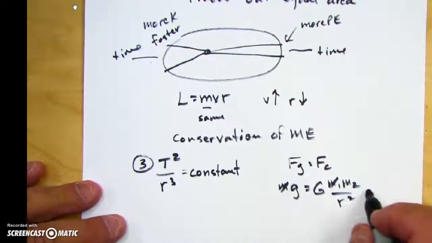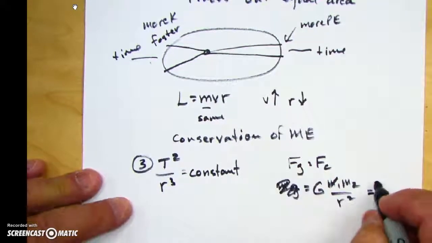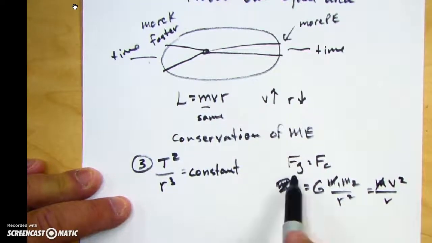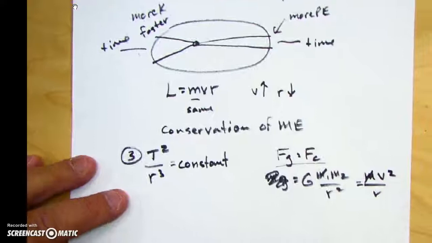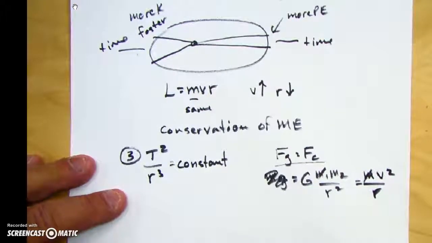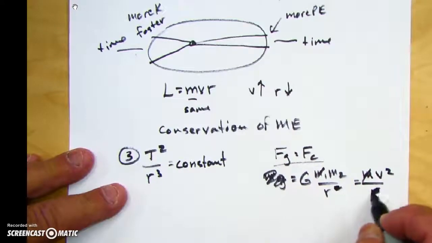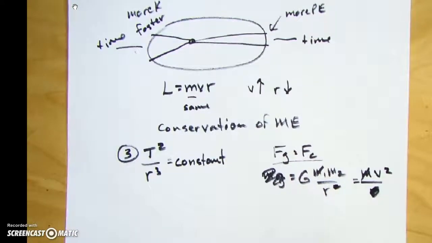Let's set that equal to mv squared over r. I need to go with what my initial equation was. When the m's cancel out, one of my r's cancels out.